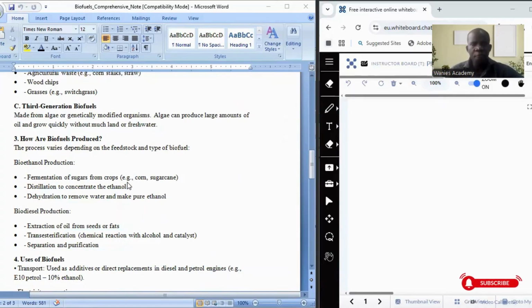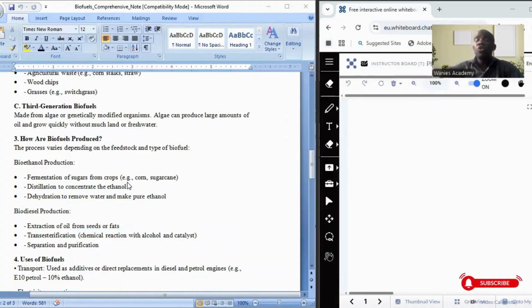Then, if you want to produce biodiesel, it also has its own steps. That is also 3 stages of production. We have the first one, which is the extraction of oil from seed or fat. Then transesterification is a chemical reaction which involves alcohol, and it's a catalytic reaction.